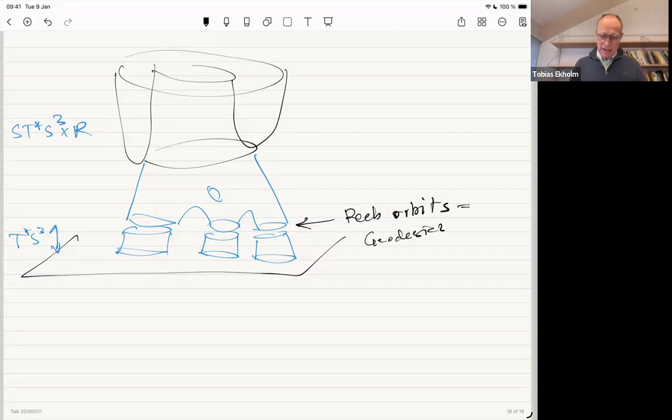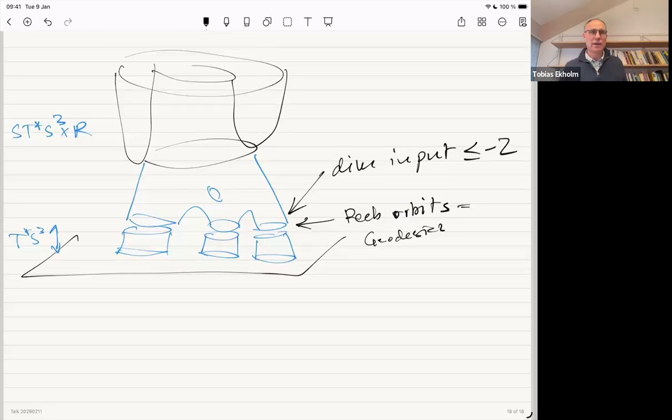That means that everybody here has dimension less than or equal to -2. So this outer piece, if at all there's any piece inside, would have dimension less than -2.